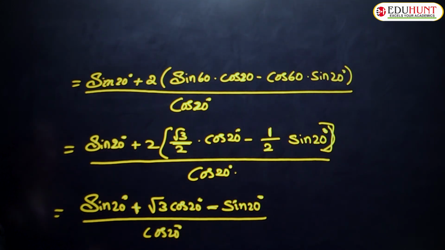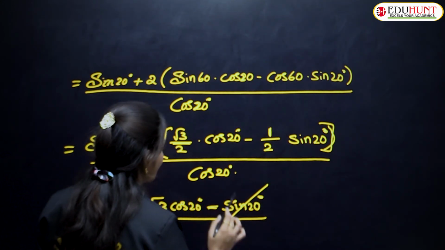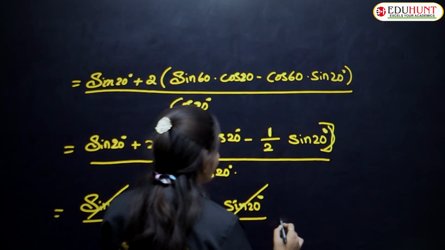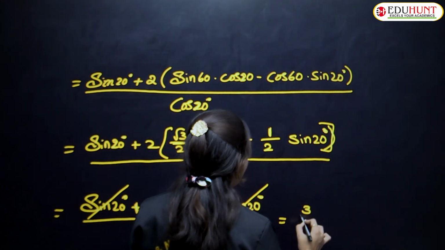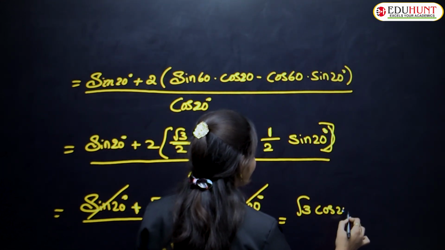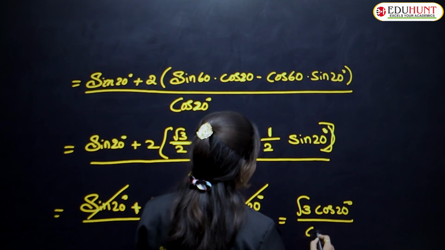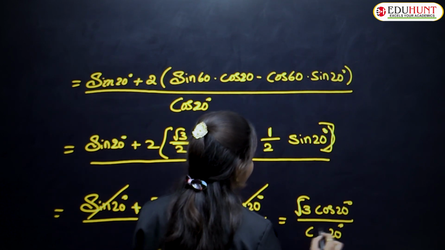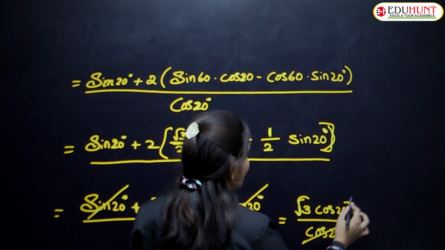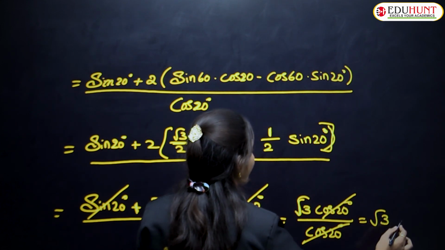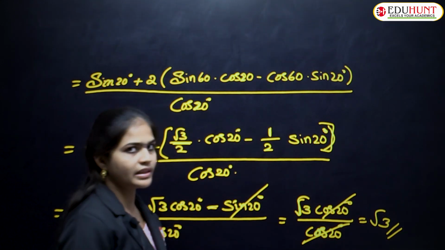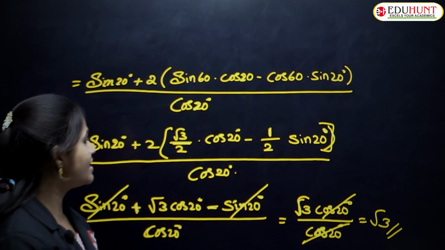Okay? So here plus sin 20 and minus sin 20 get cancelled. The leftover is root 3 cos 20 degrees whole by cos 20 degrees. Cos 20 and cos 20 get cancelled, and finally the answer is root 3.